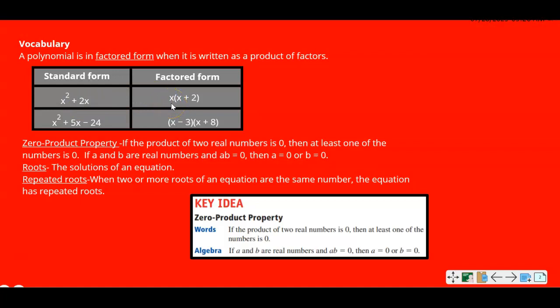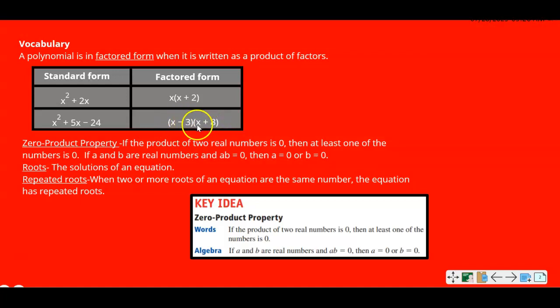And in factored form, it would be x times x plus 2. So you can see that x times x is x squared and x times 2 is 2x. Factored form is just another way to write it from standard form. All right, here we have x squared plus 5x minus 24. That can be rewritten as x minus 3 times x plus 8.